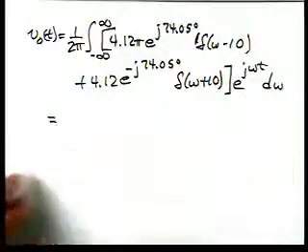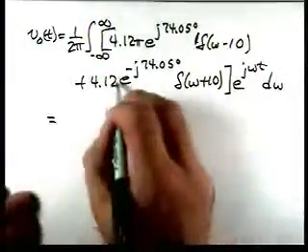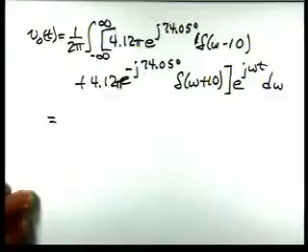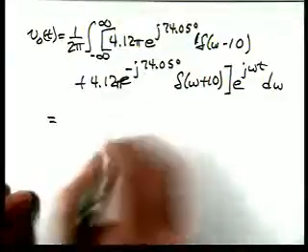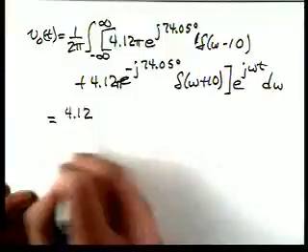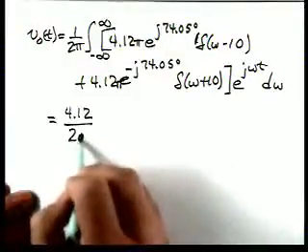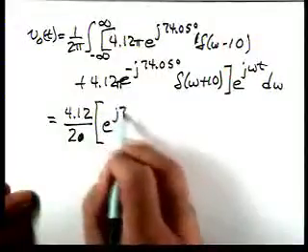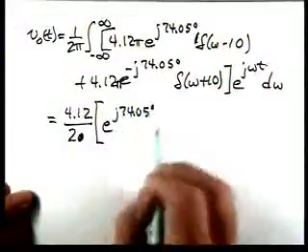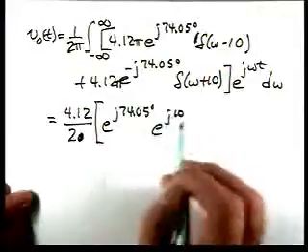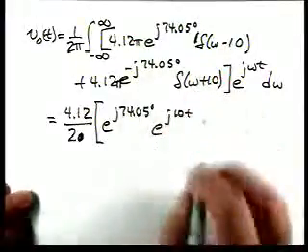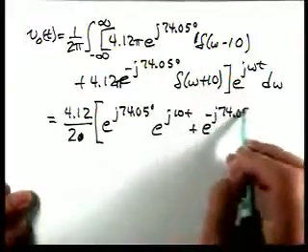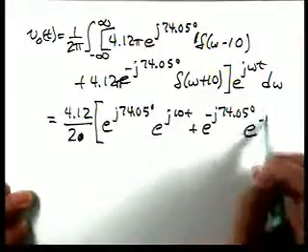So if we go in there, the pi's are going to cancel out. And if we pull a 4.12 out, we're going to have 4.12 over 2. We have e to the j 74.05, e to the j 10t for this first term. Then we have e to the minus j 74.05, e to the minus j 10t.